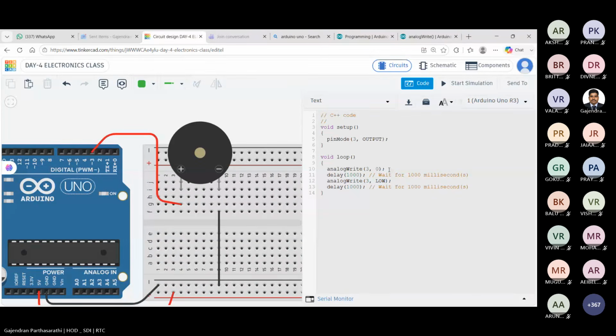Very good. Buzzer on, what value do we need to type? Quick. Not 225, it's 255. Please type this. Not one, engineer. Now we are speaking about analog write.